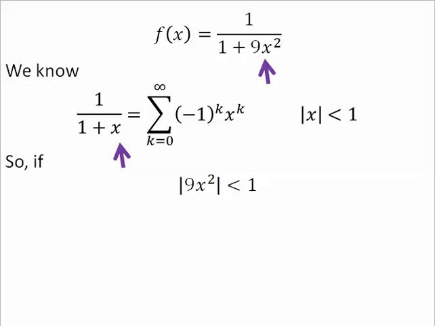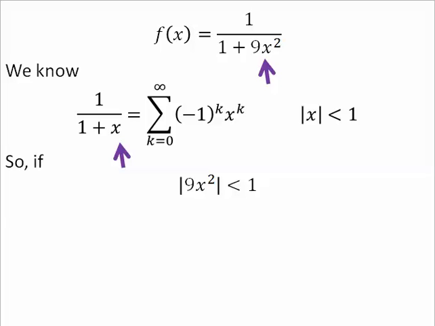Now instead of x, I'm going to be using 9x squared. Now for the geometric series, x has to be between negative 1 and 1. So if we're going to use 9x squared, that's going to have to be less than 1.